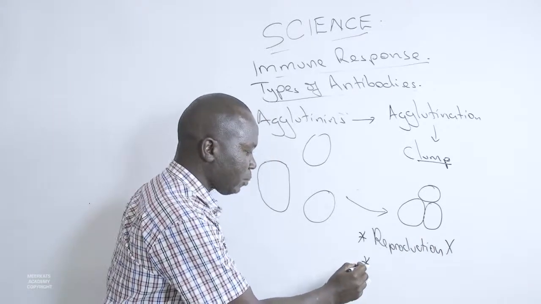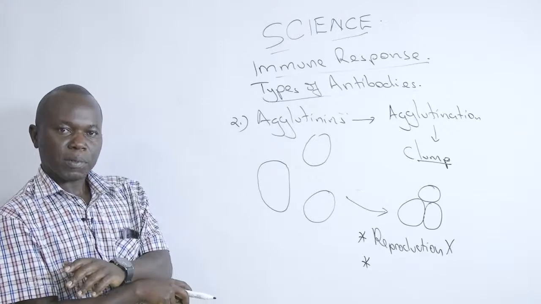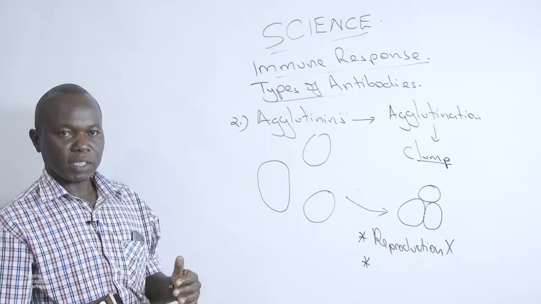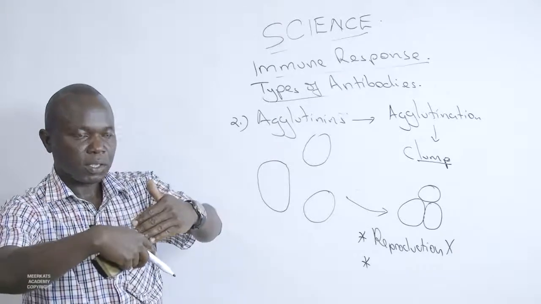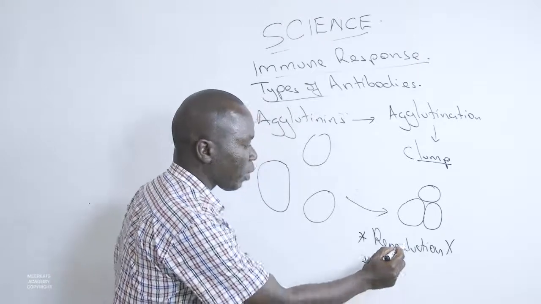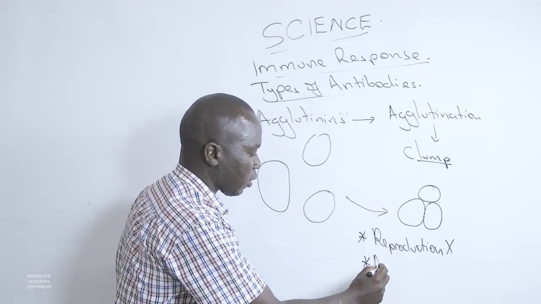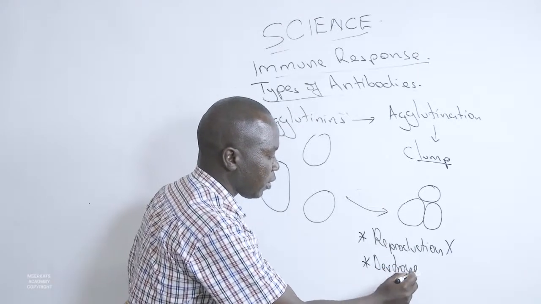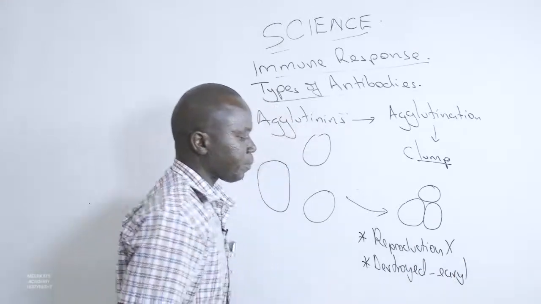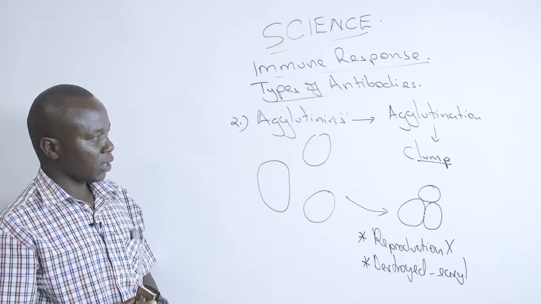At the same time, when cells clamp together, it becomes very easy for the phagocytes, remember the role of phagocytes, to engulf. They are going to be destroyed very easily by the phagocytes.